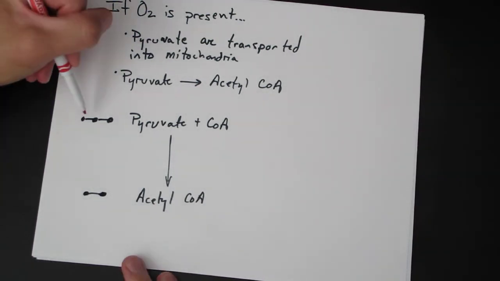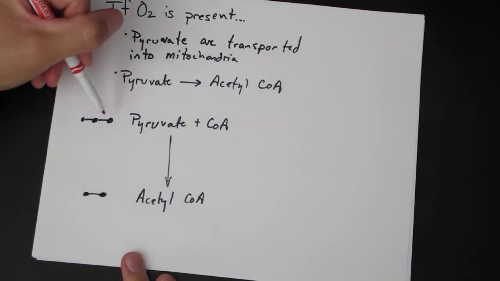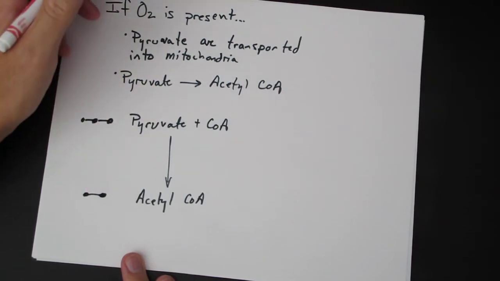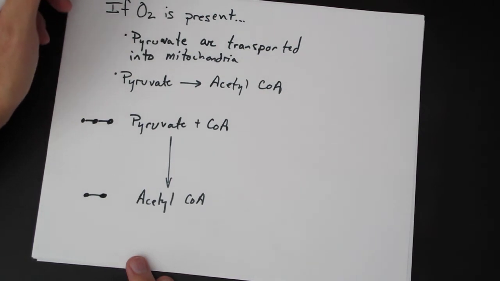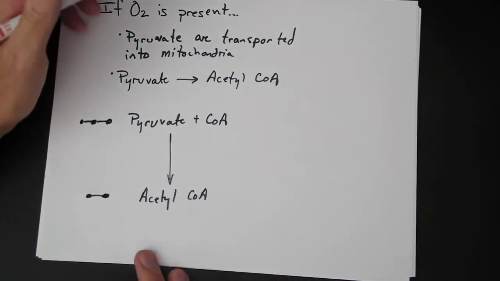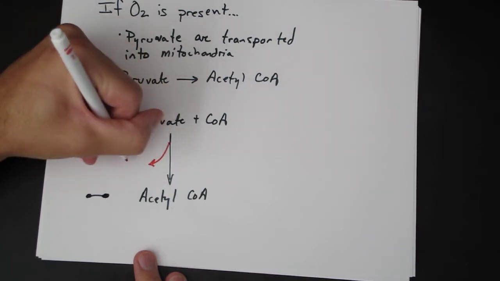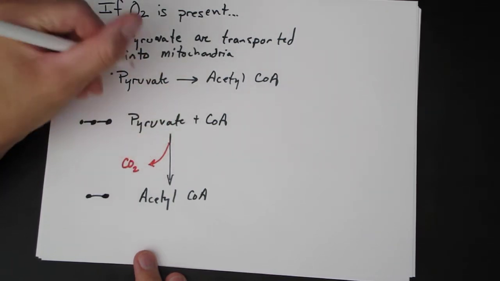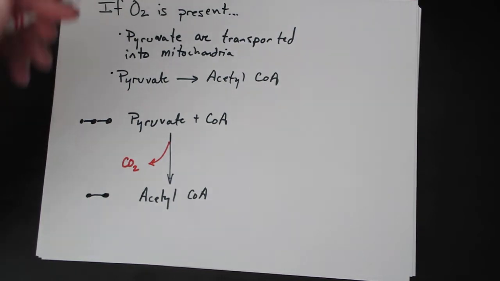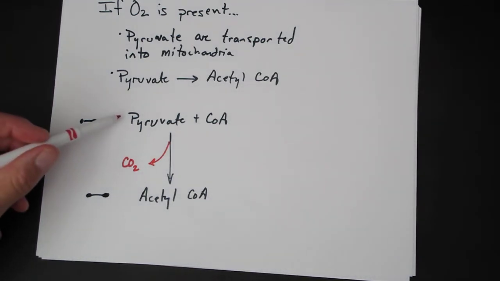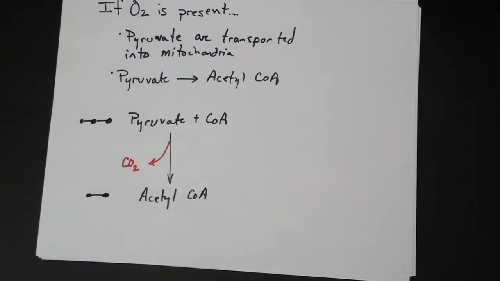We have to account for the carbon that just disappeared, and what happens is that CO2 is produced. You are probably aware that when you exhale, you're exhaling carbon dioxide. And part of that carbon dioxide that you exhale is coming from this conversion of pyruvate to acetyl-CoA.